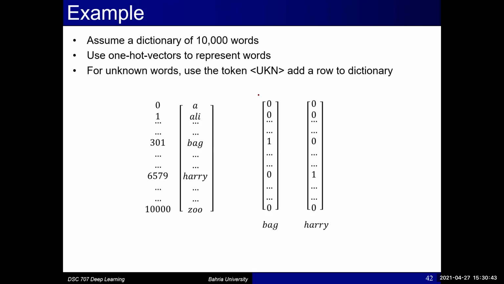We don't want our system to crash because of an unexpected input. So if you have 10,000 words in the dictionary, you add an additional token called unknown. Unknown means that it is very much possible that at testing you find something which was not present in the training data. So what to do at that time, right? It is just an implementation note.